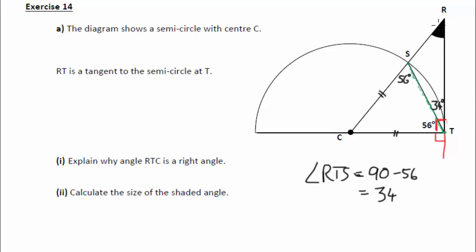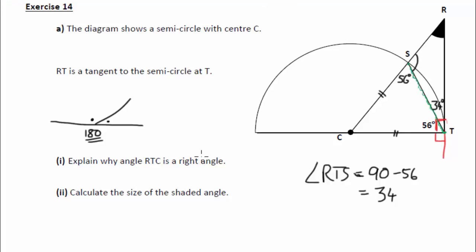In order to calculate this one, we're still after this side. Now, I'll just draw it here. If you've got a straight line, that's 180 degrees, so these two angles have to add up to 180 degrees. What we've got here is 56 and an unknown.